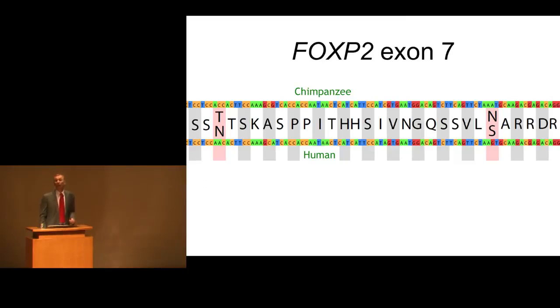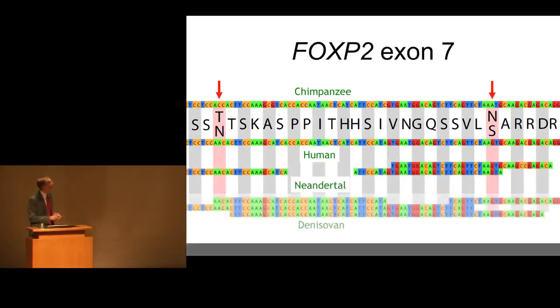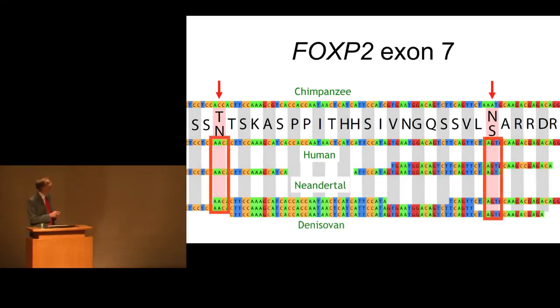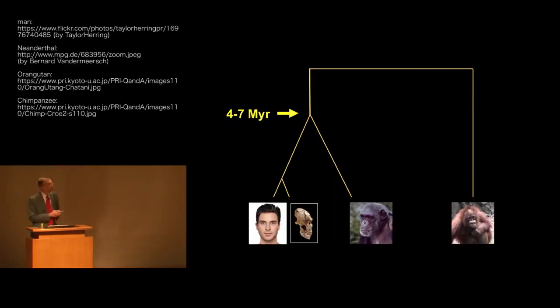So we were, of course, very interested when we started getting information from the Neanderthal genome and the Denisova genome about the state at these two positions. If we look at the Neanderthal and the Denisovan, it turned out that they are like modern humans here. So these two changes clearly happened earlier on the human lineage before we separated from Neanderthals.